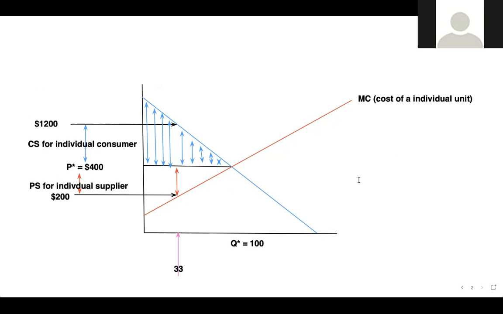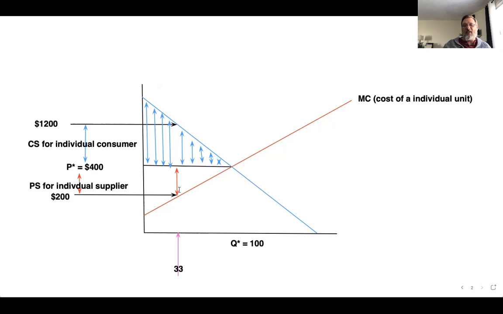So if they're selling at the equilibrium price, then the red zone would represent kind of like the profit margin. Well, yeah, I mean, it's pretty obvious, right? If you sell it for 400 and it costs you $200 to make it, you make a profit of $200, right?